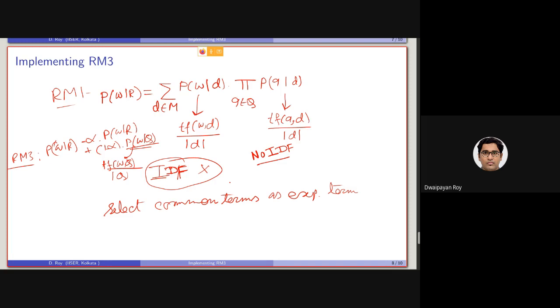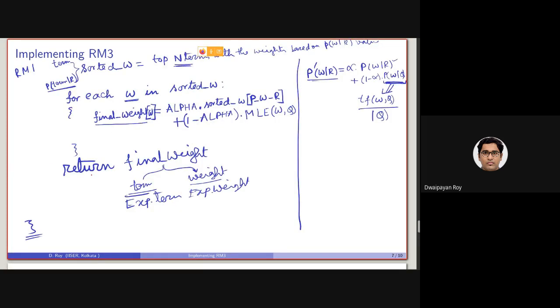So finally, what we will be doing is using this final weight, which contains the expansion term as well as the expansion weight.